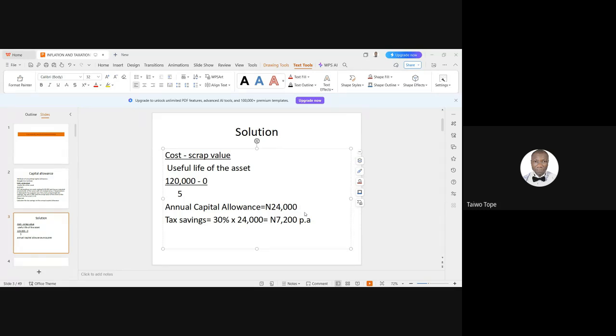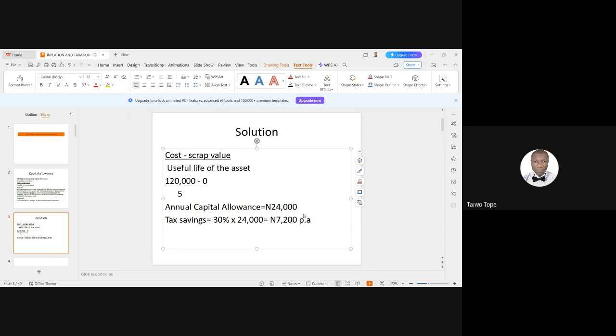As in the straight line method, in solving questions on reducing balance we also consider tax savings. The capital allowance is calculated by multiplying the capital allowance rate by the tax written down value of the asset.